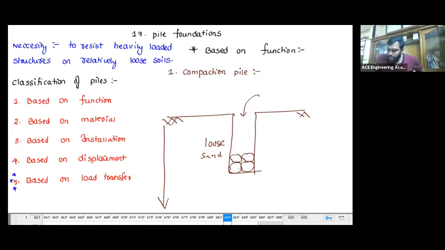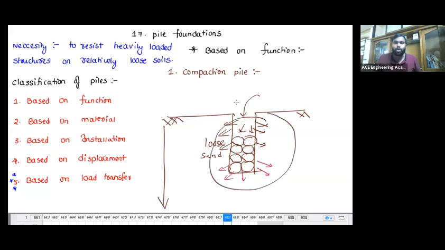When you start compacting, the surrounding soil also gets compacted. As you add graded material and compact again and again, the surrounding soil gets more and more compact. Eventually the loose sand gets densified. We call this a stone column or compaction pile.